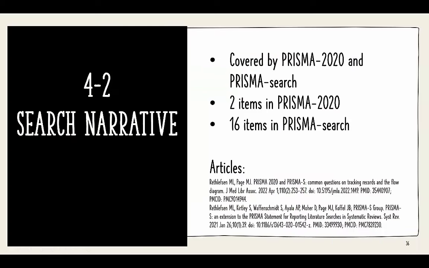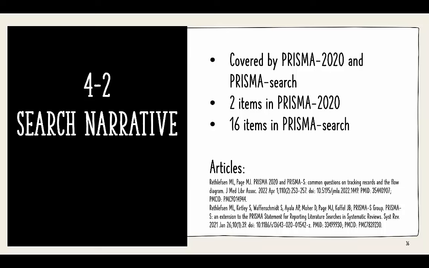So then when you get into the search narrative, we have a couple of different standards to look at. Of course, PRISMA 2020, the list of things that a systematic review should report on, has 2 items listed around the search. And then there's another search standard, the PRISMA-S search list, that lists 16 items.